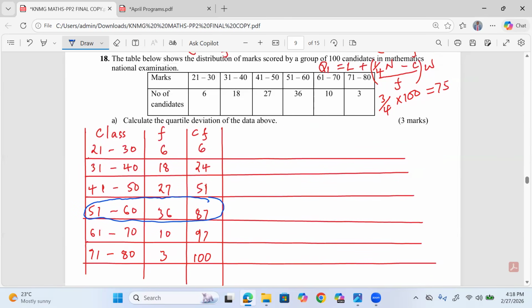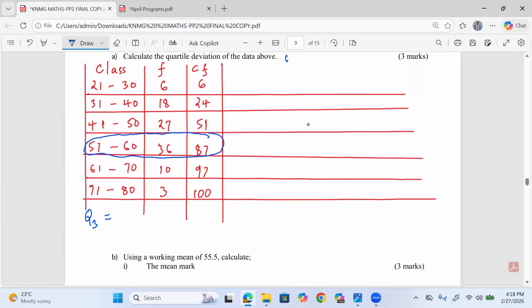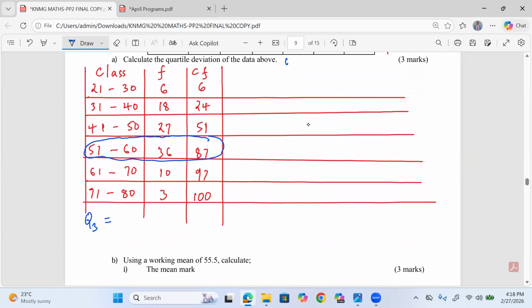Therefore, for us to get Q3, let me substitute here. We need the lower class boundary. How do we get lower class boundaries, ladies and gentlemen? The lower class boundary is the lower limit plus the upper limit of the previous class, divided by 2.